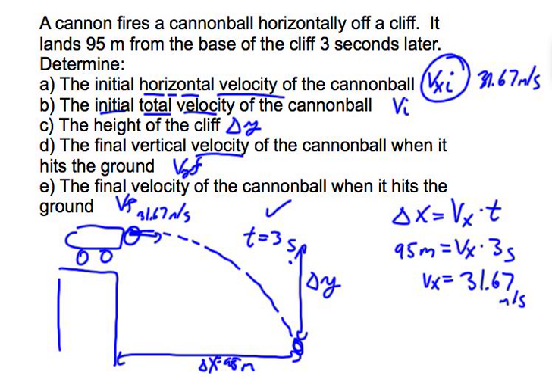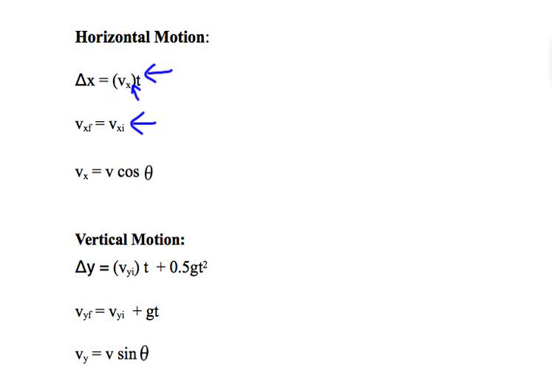The total velocity, we can use the equation: the total velocity squared equals vx squared plus vy squared. That's just the Pythagorean theorem. So if vy equals 0, then v just equals vx. So it's the same speed.